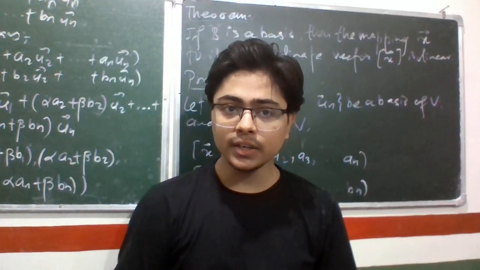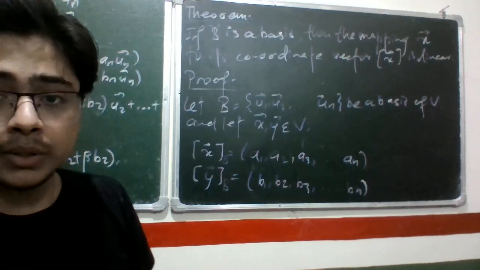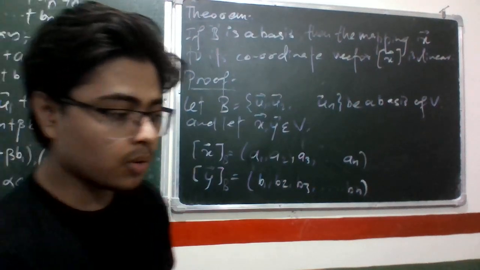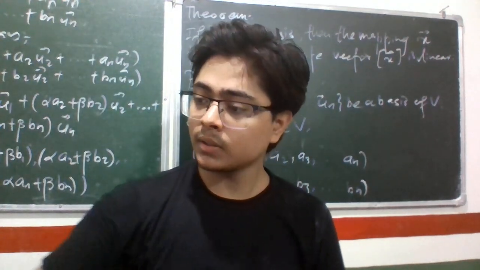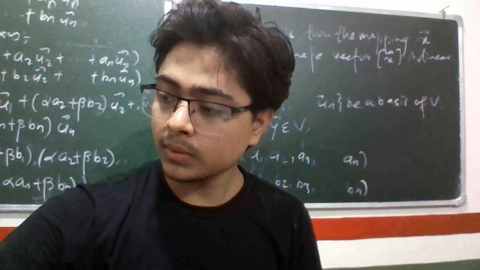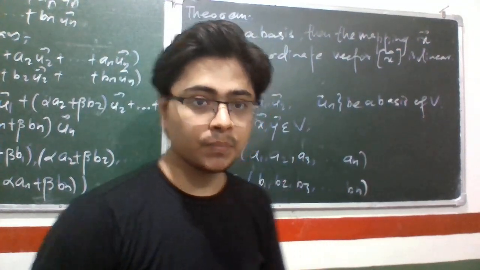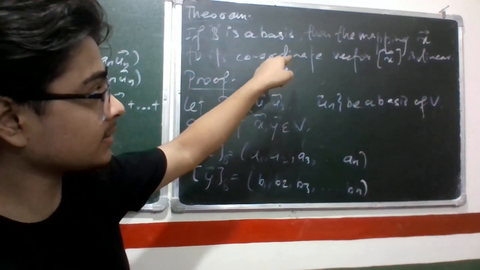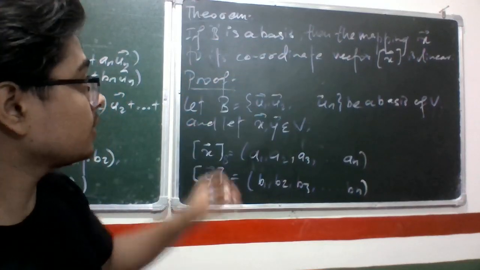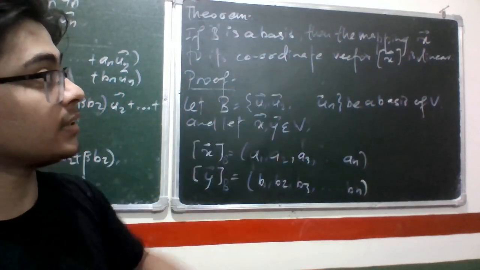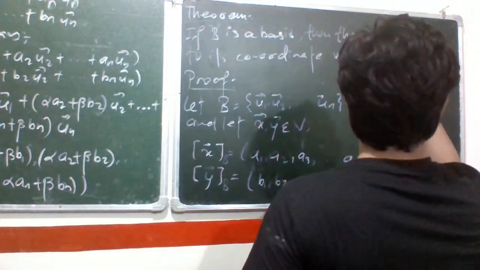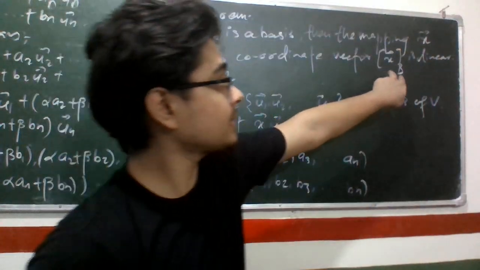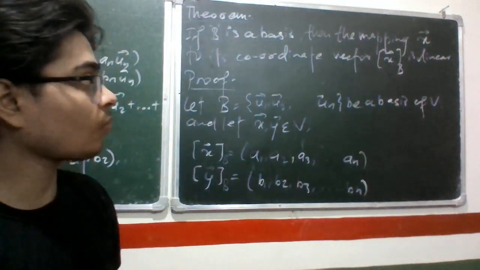Okay, let's see a theorem associated with coordinate vector to grasp our concept about coordinate vector more firmly. It says that if B is a basis, then the mapping of x vector to its coordinate vector is linear.